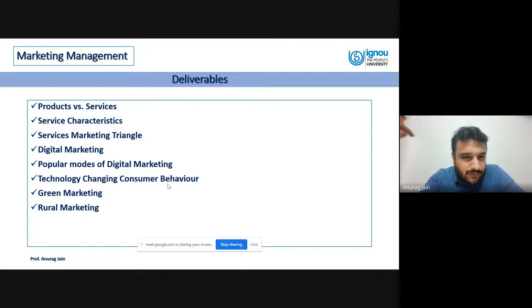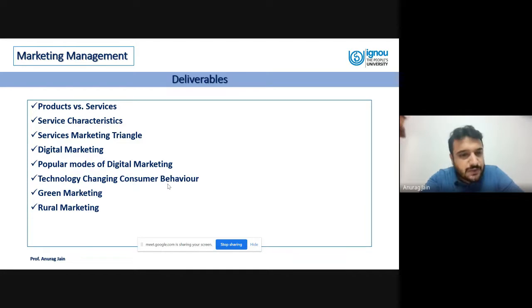So we are going to put a little emphasis on services marketing. What is the services marketing triangle? We'll talk about this, and then we'll move ahead with digital marketing, what digital marketing is all about, and the different popular modes of digital marketing which as a marketer we can use.